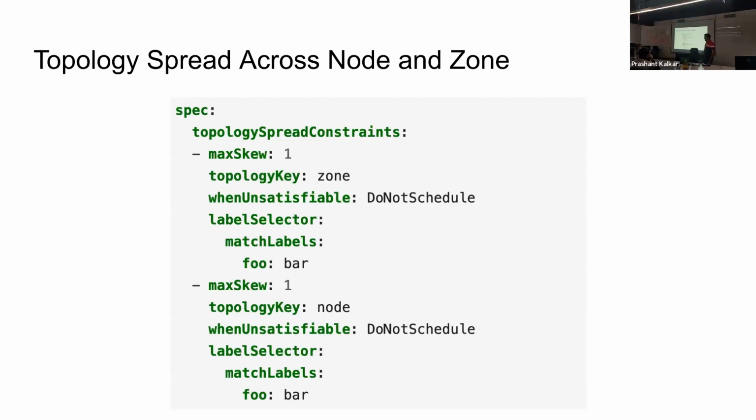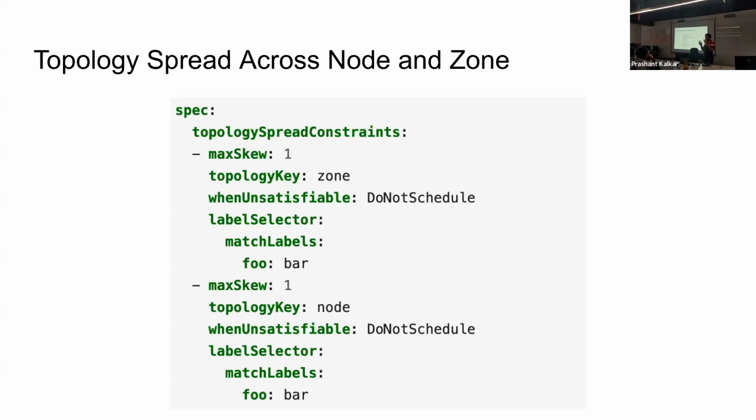And then there is a max skew. Max skew is again the same situation in which you have three nodes, three zones, and then you have four pods. If you schedule, you are breaking one of the rules. So how many pods is it okay to break the rule for? That is what this skew is.